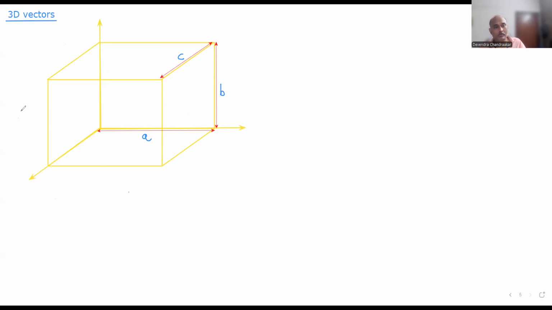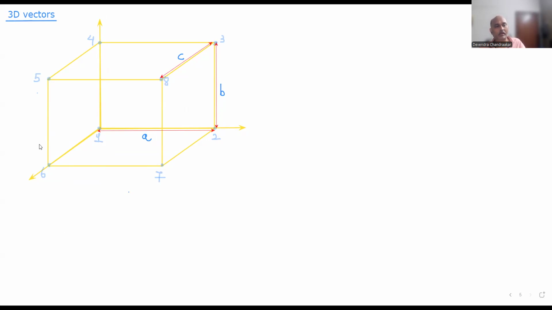So now the vertices of this cuboid, let's number them as 1, 2, 3, 4, 5, 6, 7, and 8. Okay.